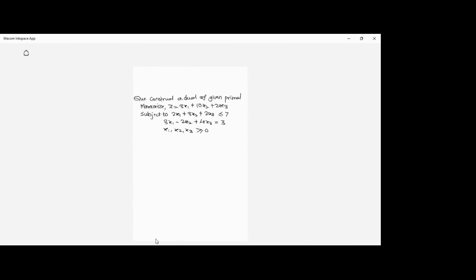So this is a maximization type of numerical, right?